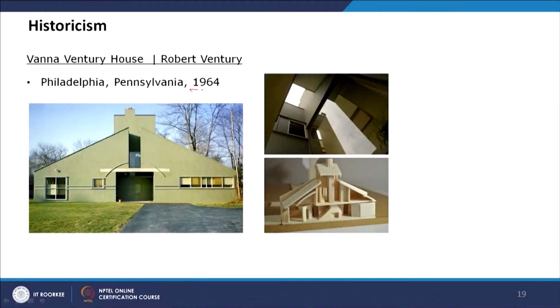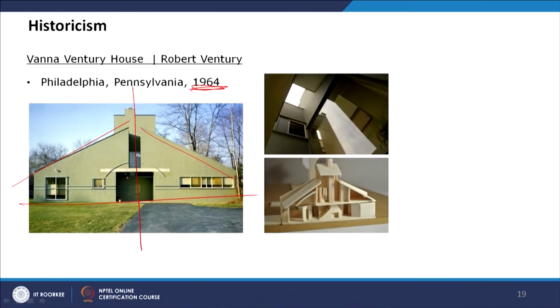the postmodern approach. Now this is another example by Robert Venturi, Venturi House, who said less is bore. So this is in Philadelphia, Pennsylvania, which was designed in 1964, which is before postmodern, but still this is a postmodern building.